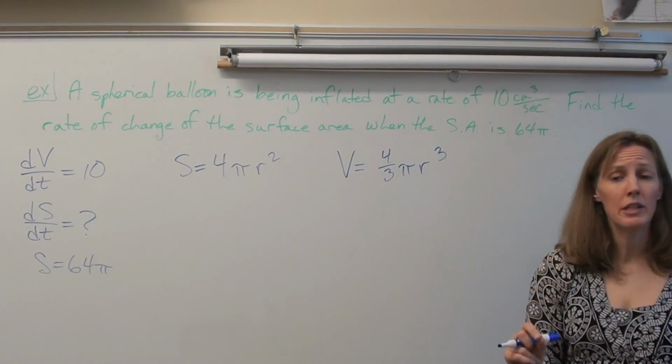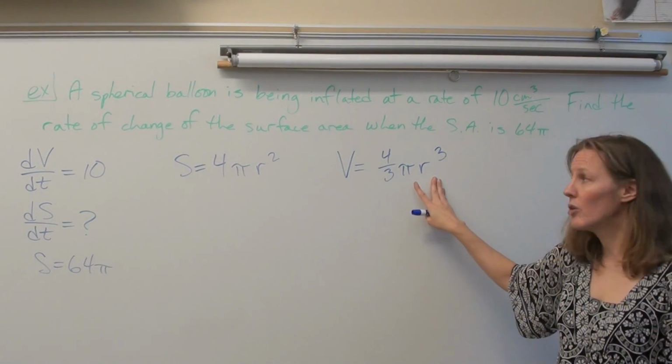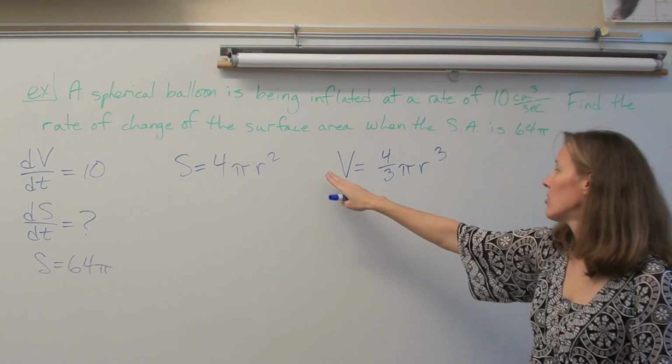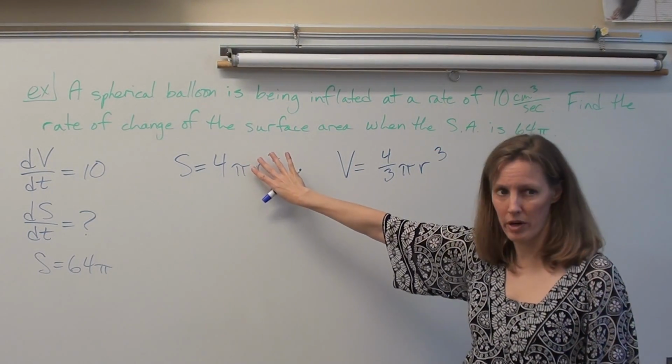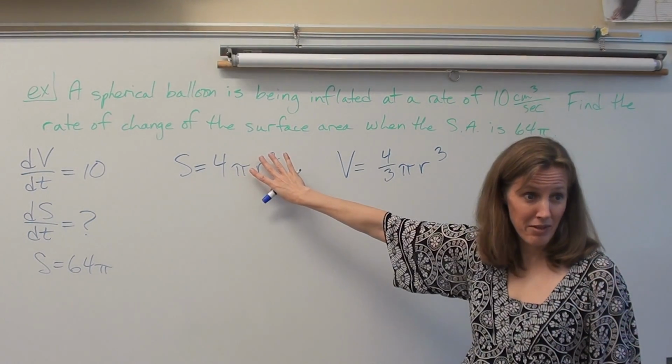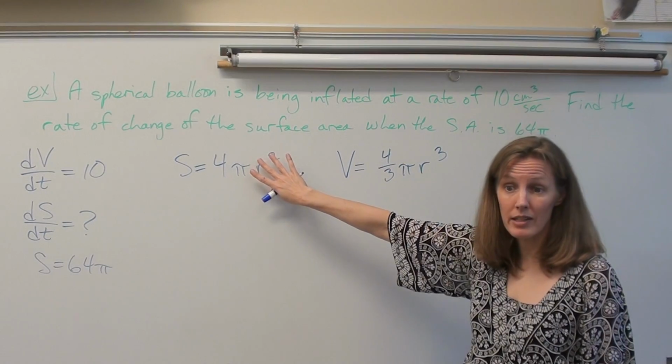Now you could technically solve this for r. r would be the cube root of 3V over 4 pi, and then plug that in there and square it, and then do the derivative, but it would not be pretty. You could do it.